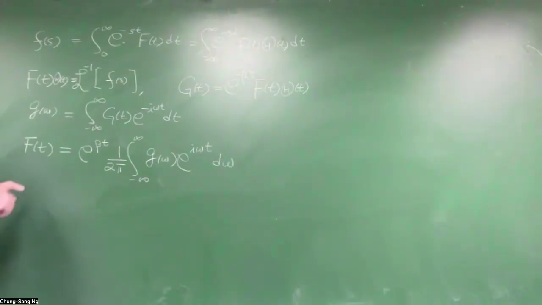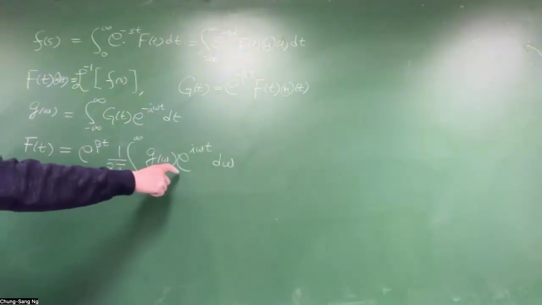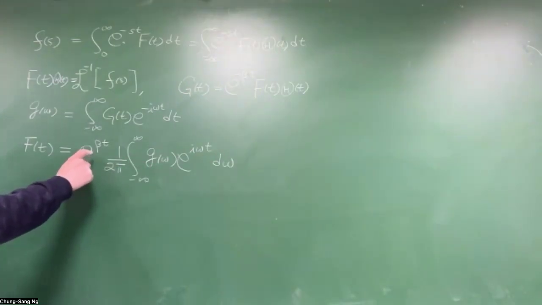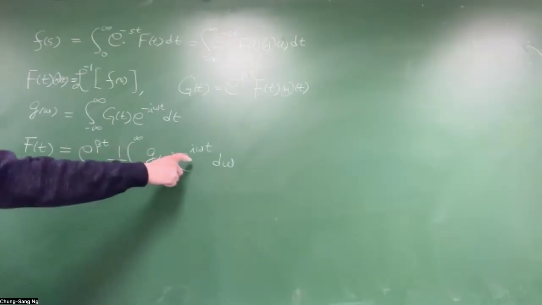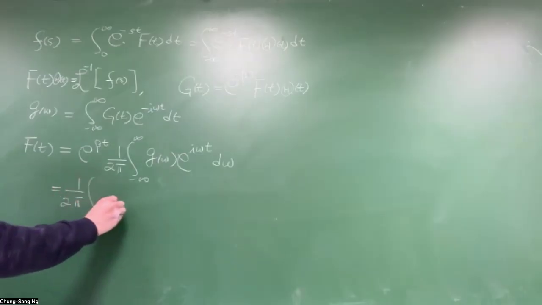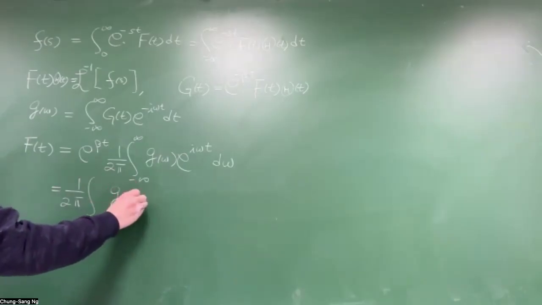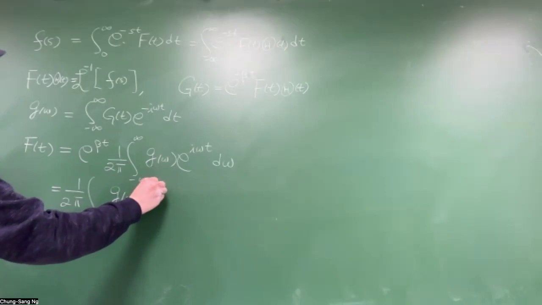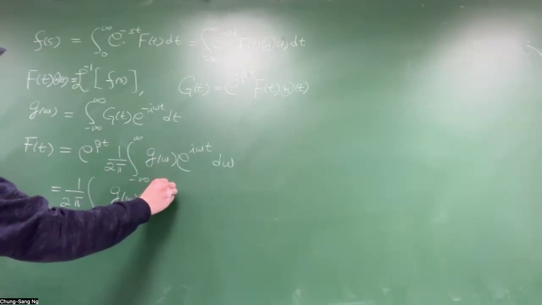Okay, so formally you can do that, but there are still some complications. First is this exponential function. So first you multiply this into the integrand, 2 pi, omega. You combine the two, and you have beta plus omega.